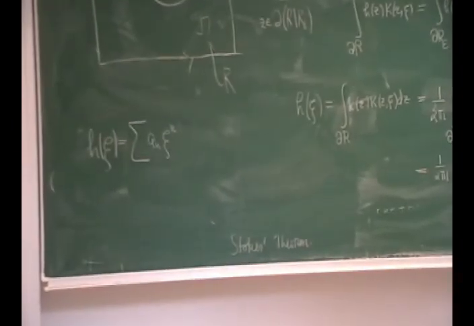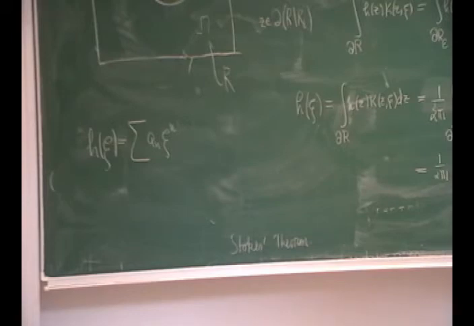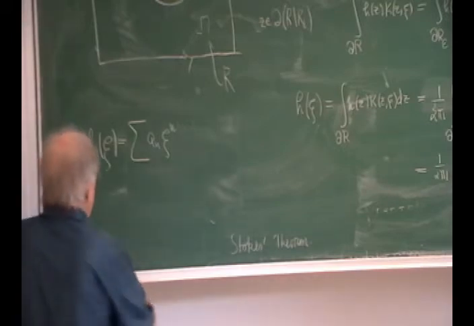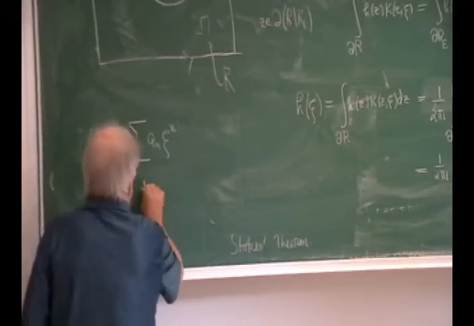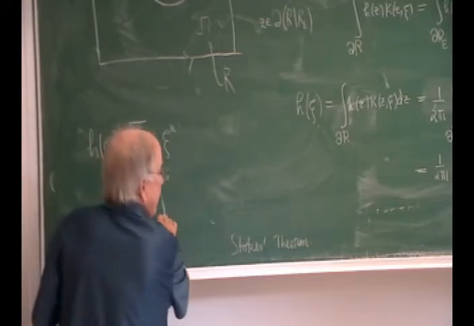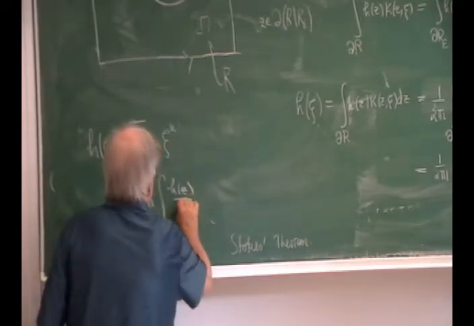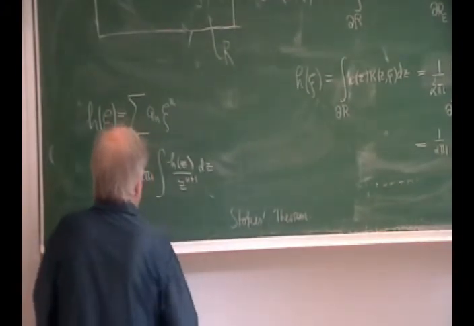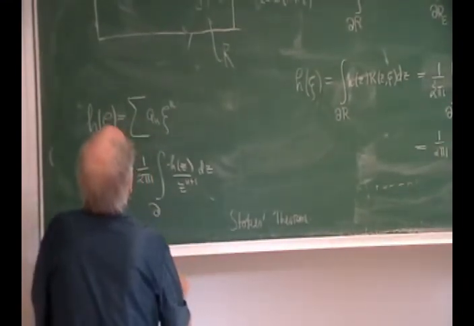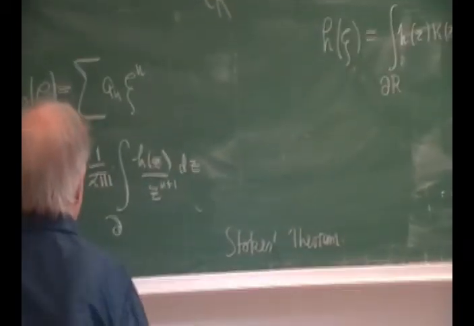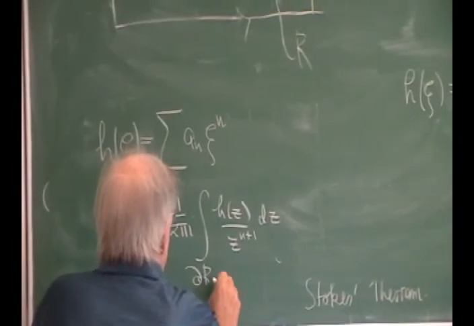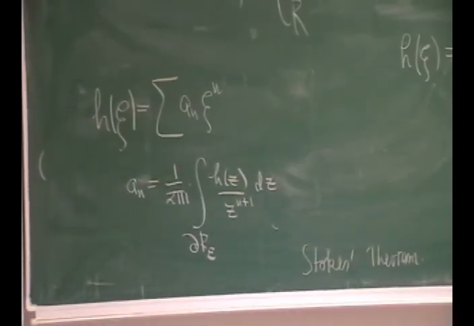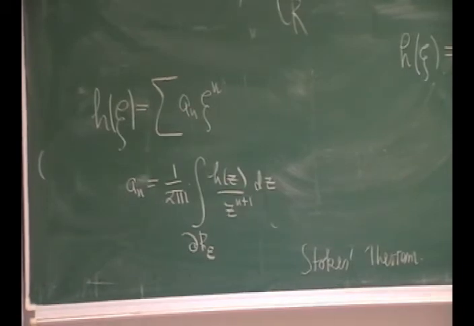And the coefficient a n is the Cauchy kernel integral, 1 over 2 pi i, of h of z over z to the n plus 1 dz, from the boundary of R. This is called the Cauchy integral formula, but not only that, it shows the regularity.